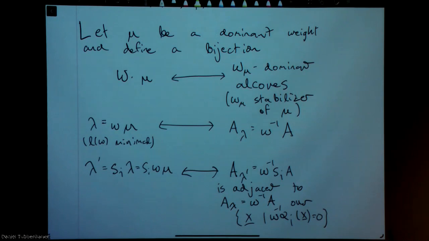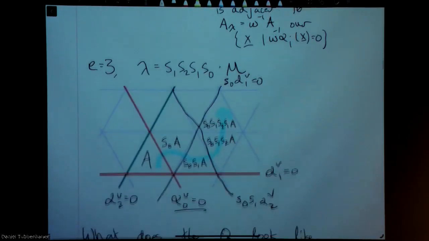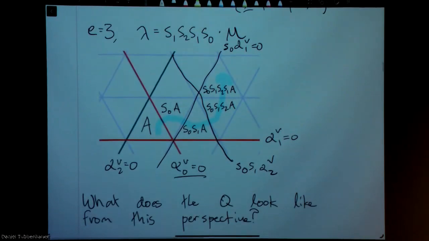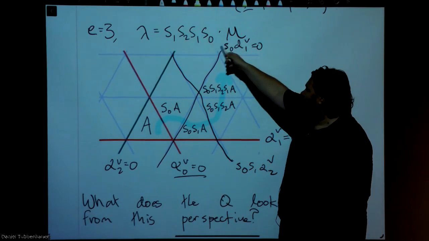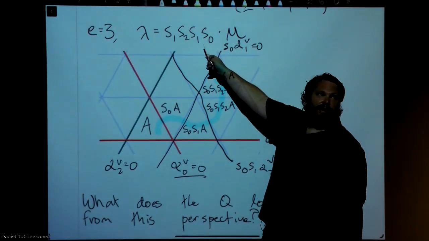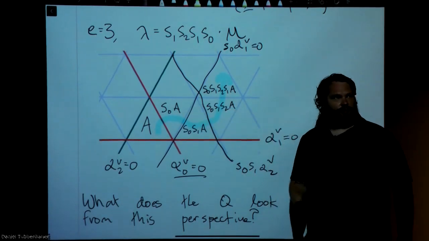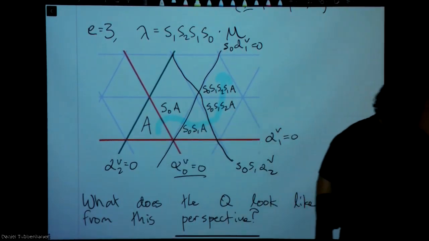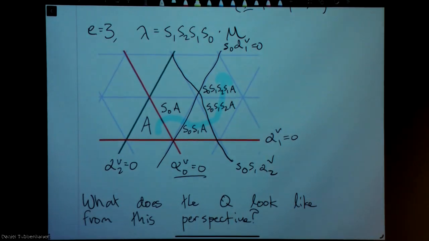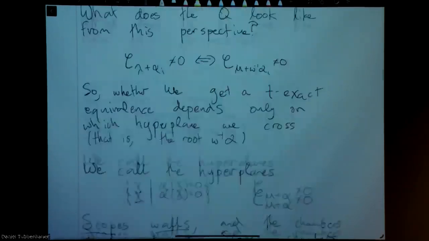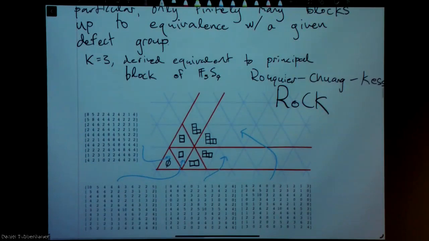It just happens that because the fundamental representations are so small, there aren't any dominant weights with no stabilizer. And the way you see that here is, if I write a minimal expression, it can't start with anything but S0. So when I do this alcove walk, I have to go this way. I can't go any of the other directions. But if I were in some more generic representation, I could.